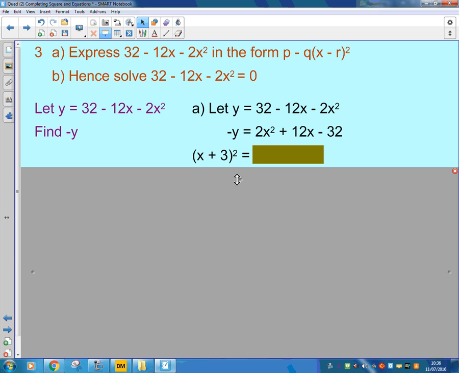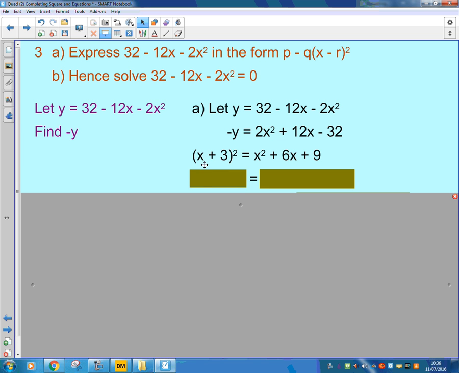Expand it. x squared plus 2 lots of 3x is 6x plus 3 squared, 9. Now, we want 2 lots of that to get 2x squared. So 2 brackets x plus 3 all squared becomes 2x squared plus 12x plus 18. And look back here, yes, 2x squared plus 12x, what we wanted.